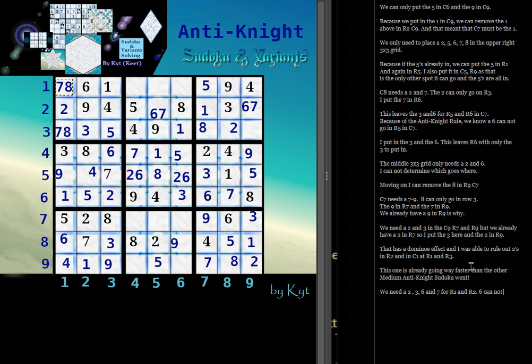Six cannot go in row 1, so we put the 6 in row 2.